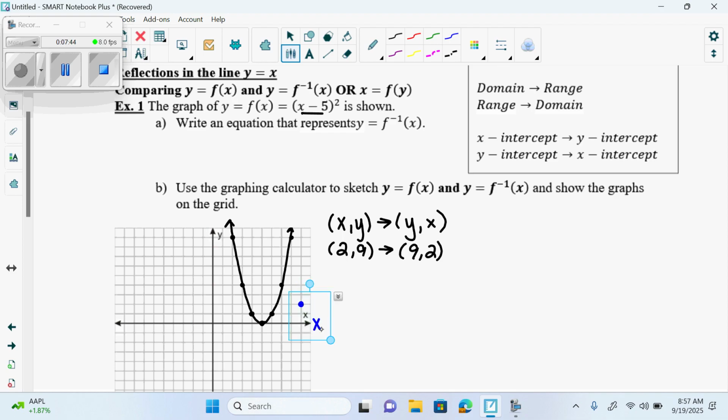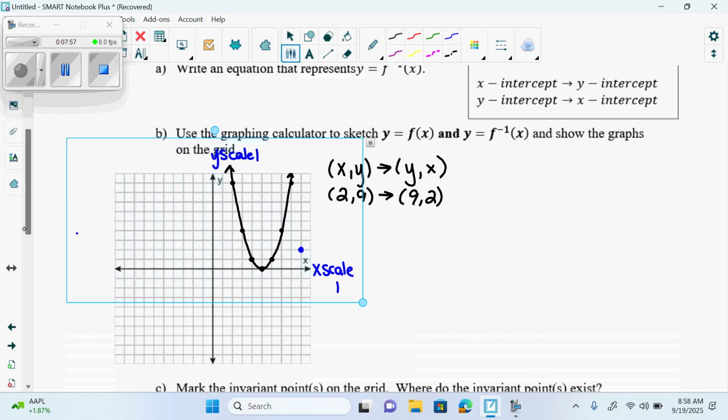And we should say x scale 1, y scale 1. All right. So we have 2, 9, and then we have 3, 4. It's going to become 4, 3.